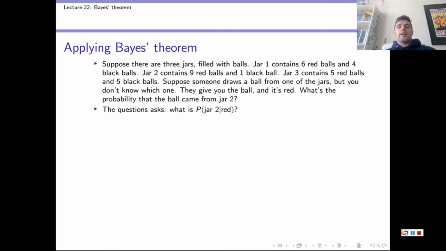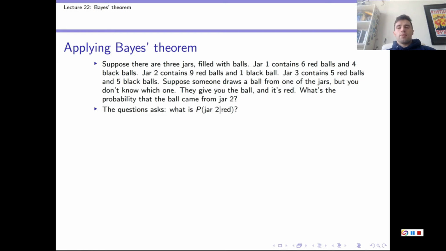The reason is that if we did, then we would have to consider what not Q means in this example. Not Q would mean the ball did not come from jar 2. And in our context, this means the ball came from jar 1 or it came from jar 3.